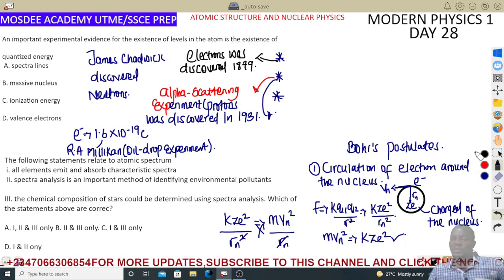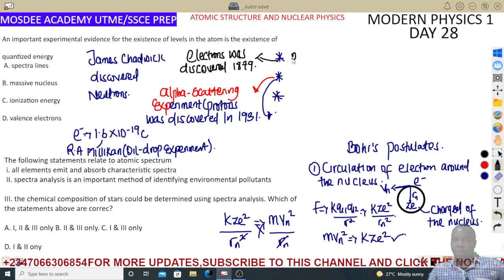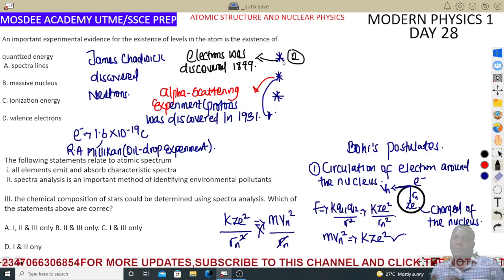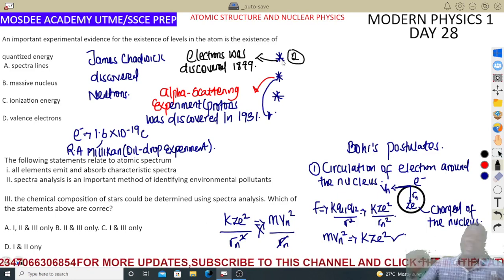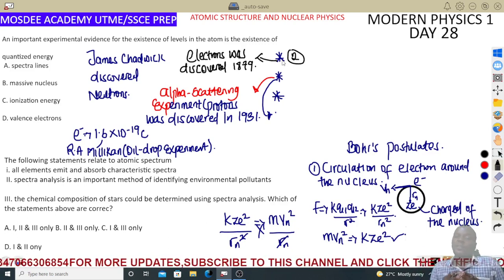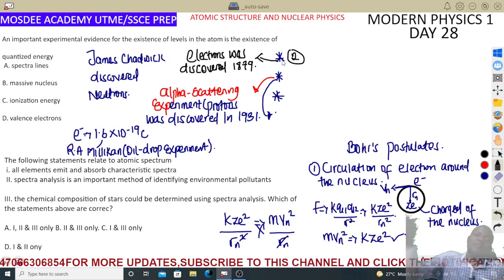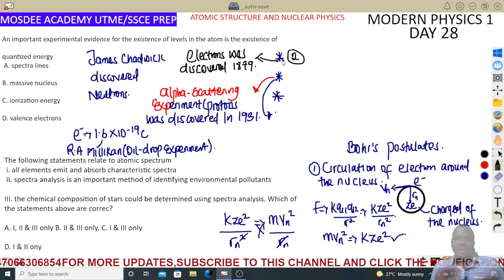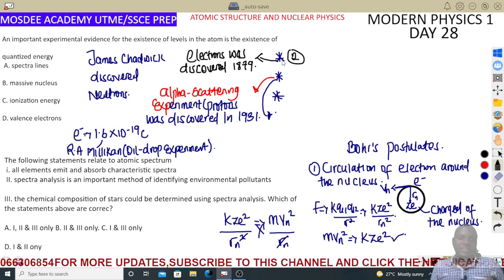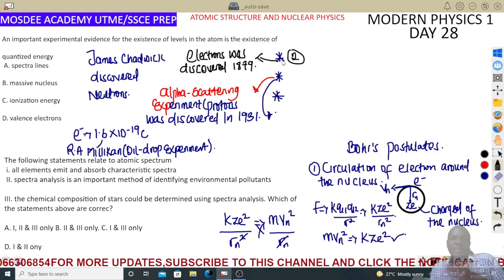Now, in continuation, the second postulate of Bohr: we have noticed that our electron revolves near the nucleus. It was able to tell us that the electron can only revolve near the nucleus in a stable orbit. It is not that the electron will revolve anywhere near the nucleus.